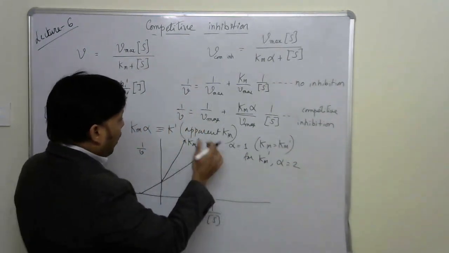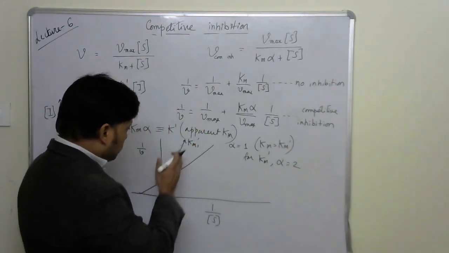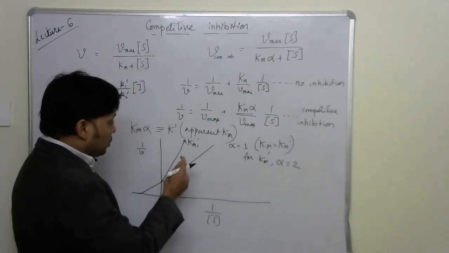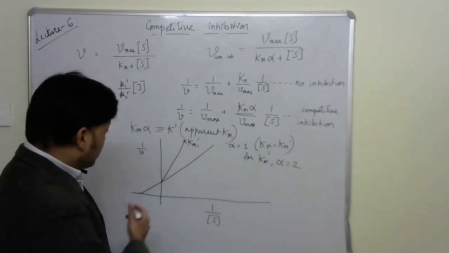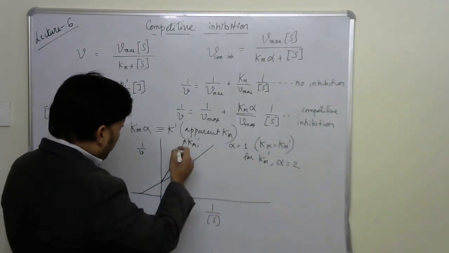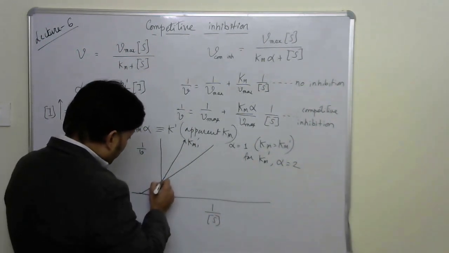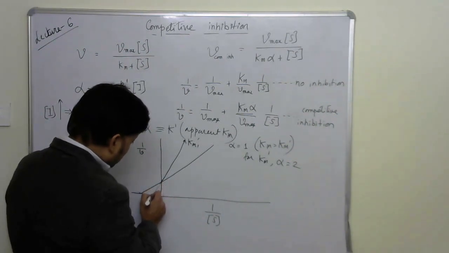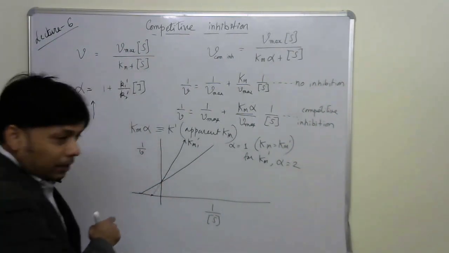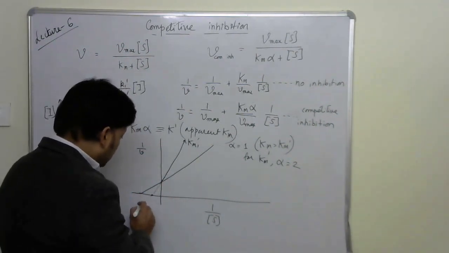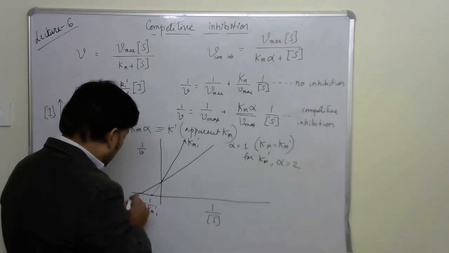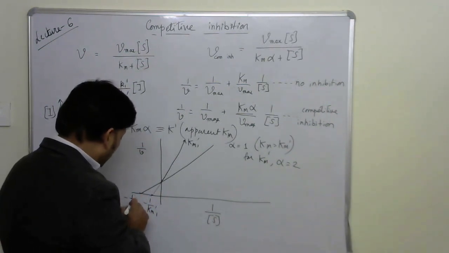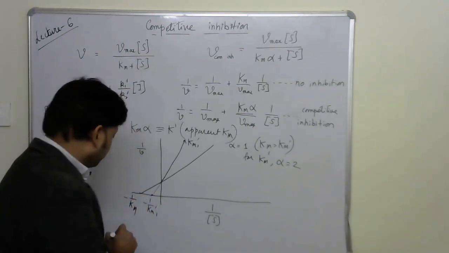This is completely arbitrary and not exactly to scale, just an indicative representation. If I extrapolate, we'll have an intercept over here. This would be minus 1 over Km prime 1, and earlier, that is minus 1 over Km.